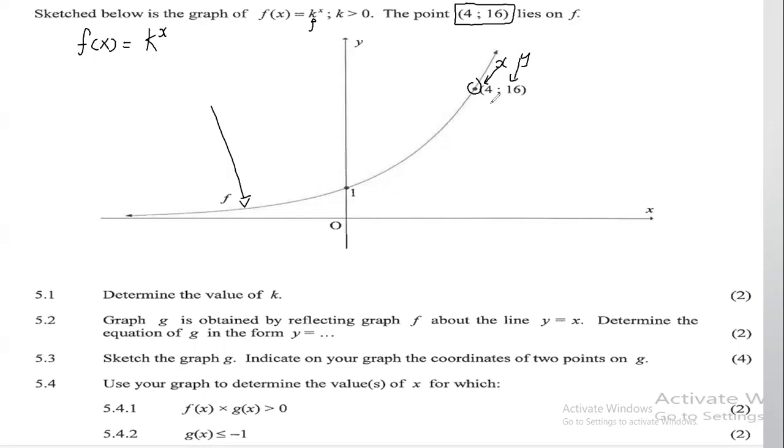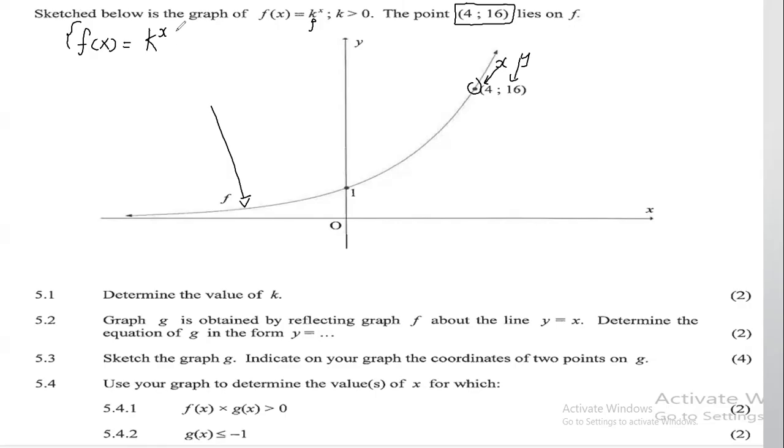I can use 4 as my x and 16 as my y. I have a right to use this point because it lies on the graph of f.